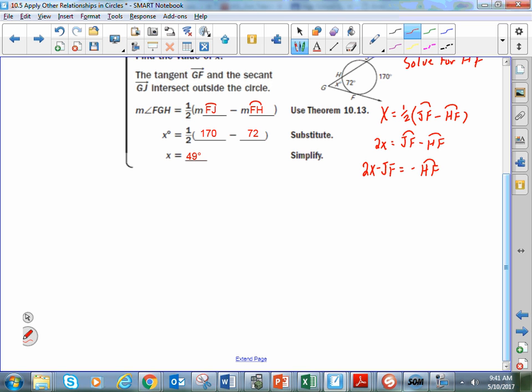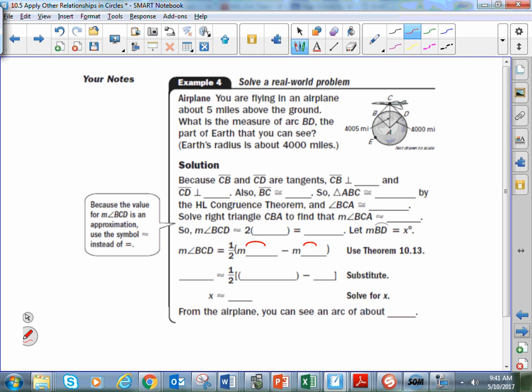And that would give me negative 2x plus jf, if we have my arc here, would be equal to hf. Or we could say jf minus 2x, like that. Okay, so just make sure you remember your algebra skills here because they don't go away.